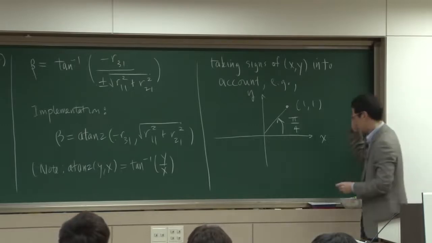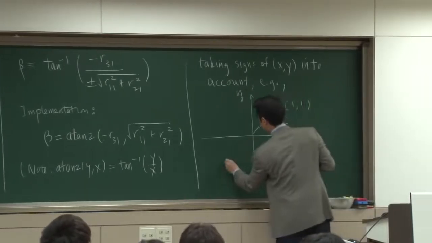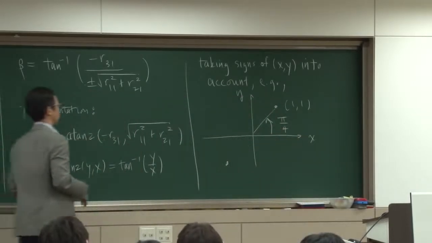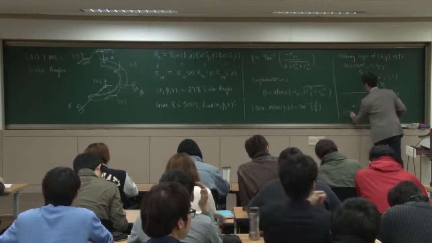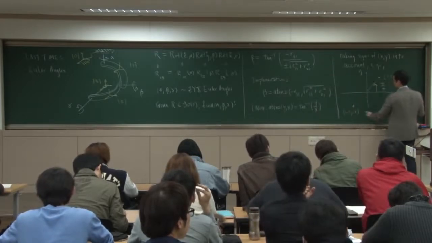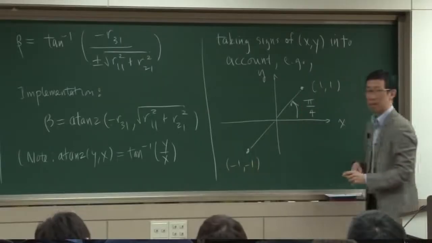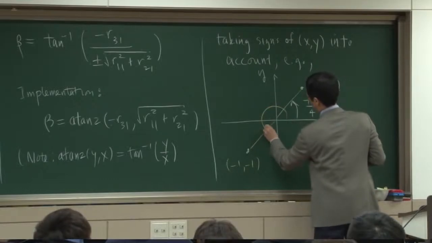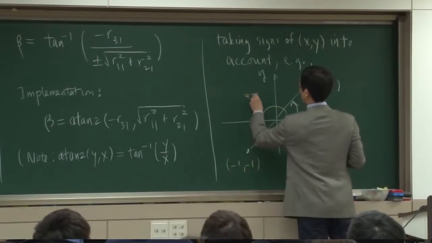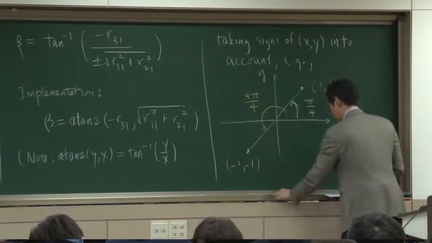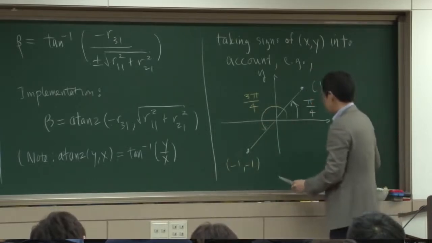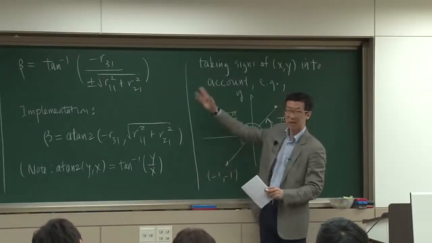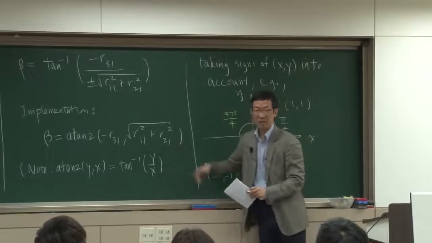But now if we take Atan2 of, say, minus 1, minus 1, then the angle associated with this is 3 pi over 4. So Atan2 is preferred for implementation because it takes into account the sign of these arguments.